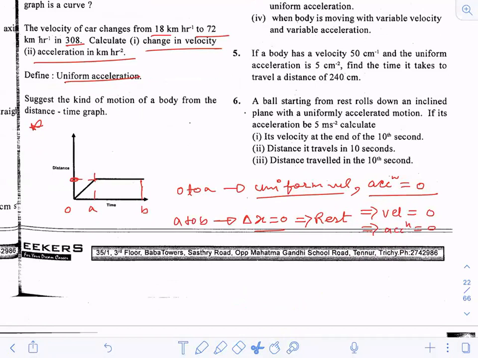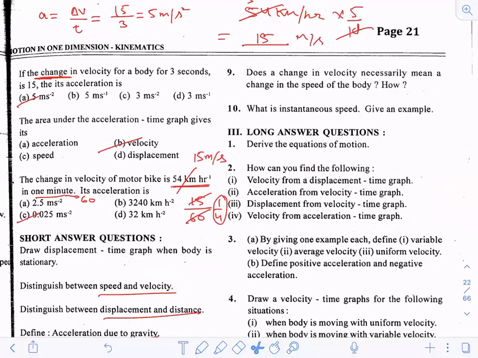So just see question number 9. What is the answer?